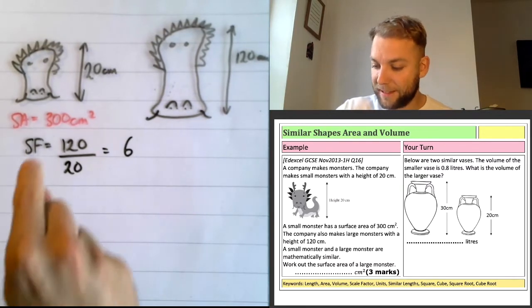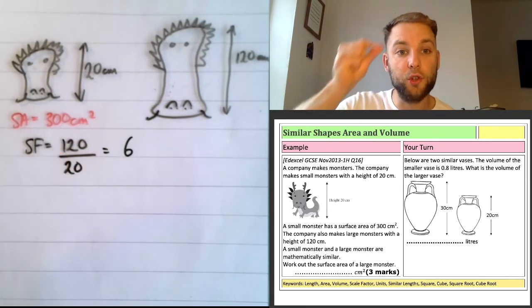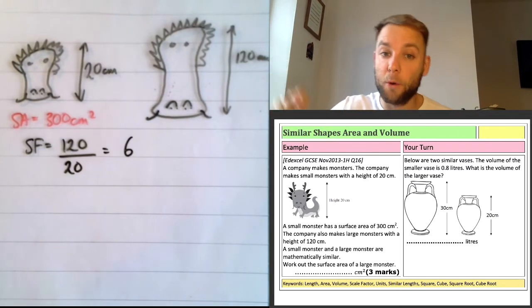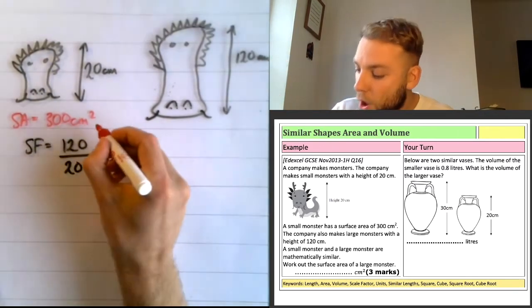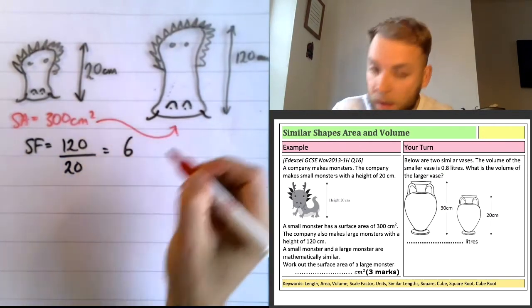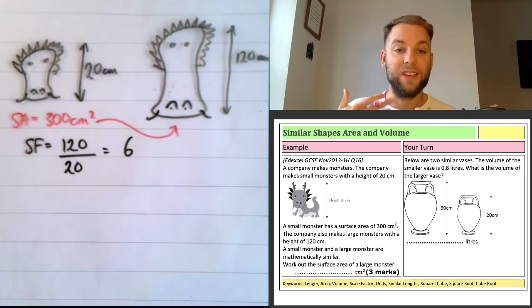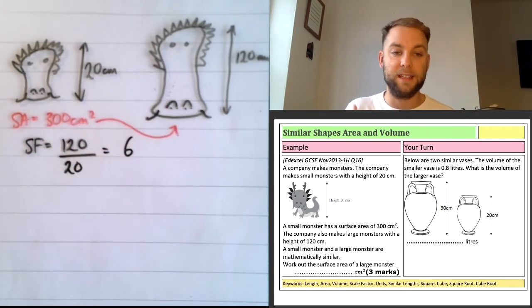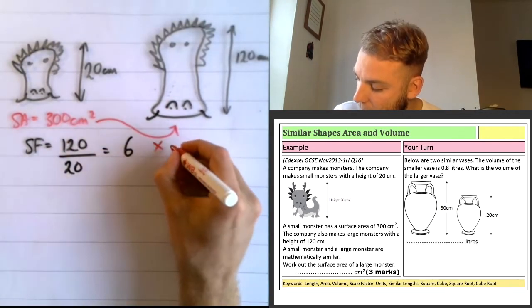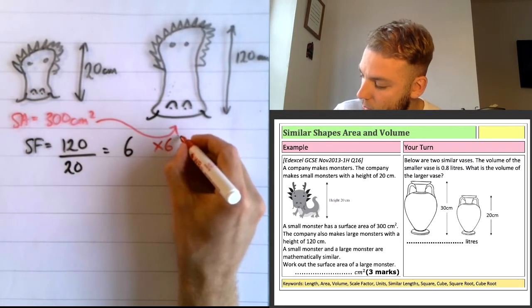Now the problem is that I'm dealing with area, and I can't just times by 6. That's what most people will make a mistake. They'll just times it by 6. Because it's area, you need to times by the scale factor squared. Remember to follow the units, centimetres squared. So I'm timesing by 6 squared.